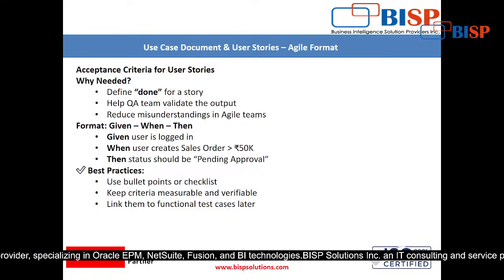The format is something like this: given this, when the user creates a sales order, then what happens, right? And the best practice here is using bullet points. Either use a bullet point checklist, or you can use an Excel sheet. It is not mandatory that you use any specific type of document.